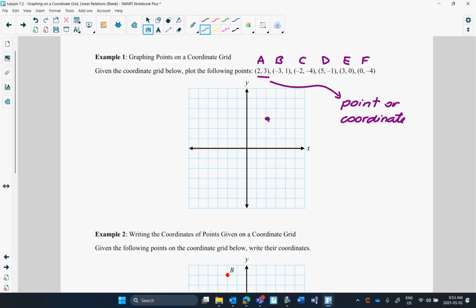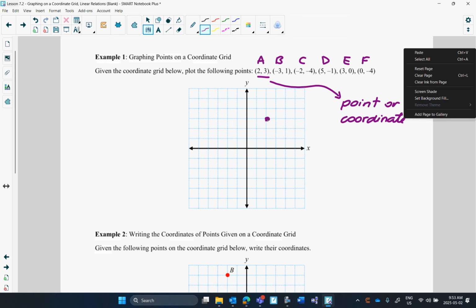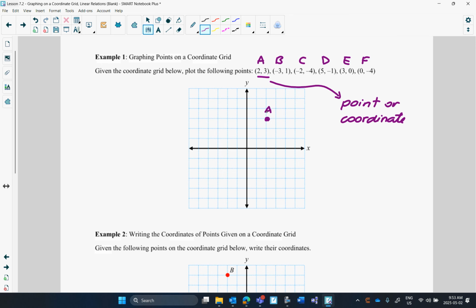And that is the point 2, 3. And we call it point A. So remember, positive for the first number means you move right, negative means you move left. 0 means you don't move at all. For the second number, positive means you move up, negative means you move down, 0 means you don't move at all.